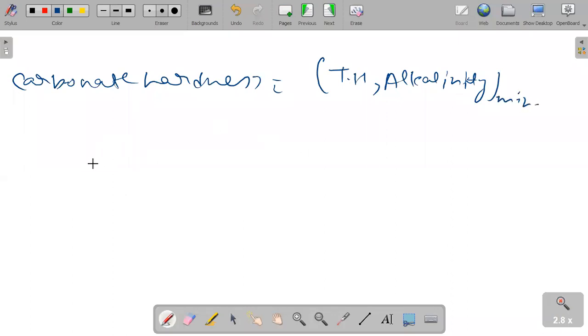Okay, so this is about hardness. And if you subtract carbonate hardness from total hardness, you'll get non-carbonate hardness.